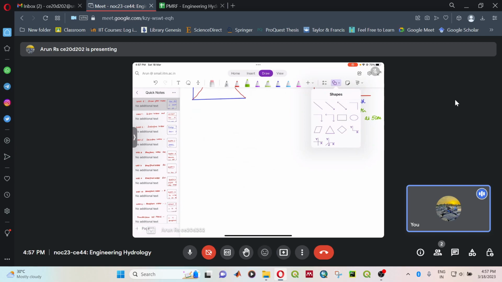The procedure to be followed is, when you have the unit hydrograph, you can multiply it with the excess rainfall.